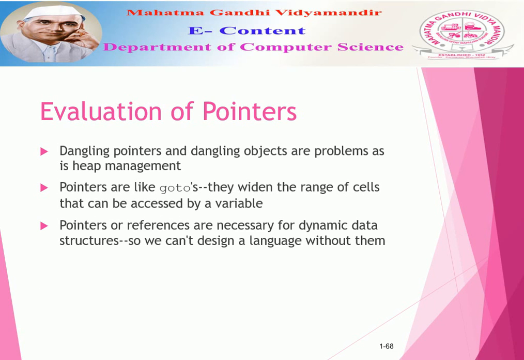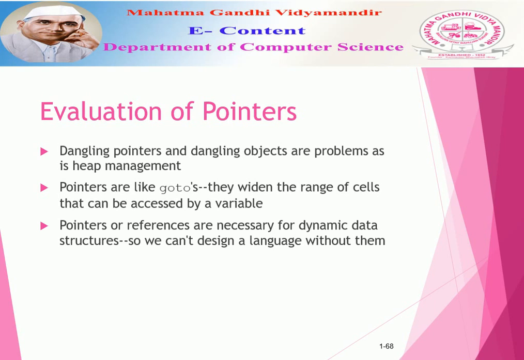Then evaluation of pointers, how we are going to evaluate the pointers. There are some basic problems with pointers, like dangling pointers and garbage. So pointers have been compared with goto statements, and the goto statement widens the range of statements that can be executed next. So pointer variables widen the range of memory cells that can be dereferenced by the variable.